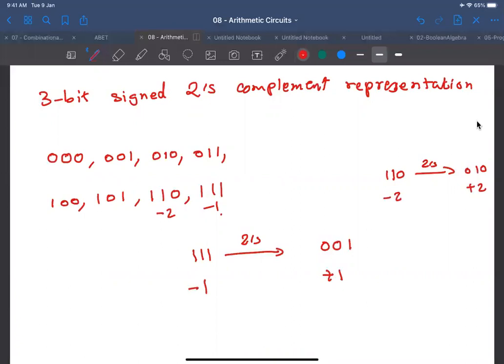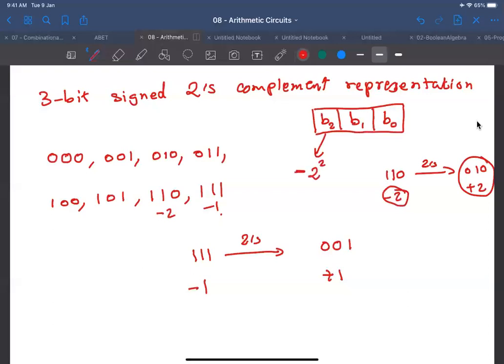Another way of finding the value of a negative number in decimal straight away, without even converting to the positive counterpart, is to note the most significant bit in 2's complement. Let's say these are the 3 bits of the 2's complement number: B2, B1, and B0. This bit here has a negative weight, negative 2 to the 2.